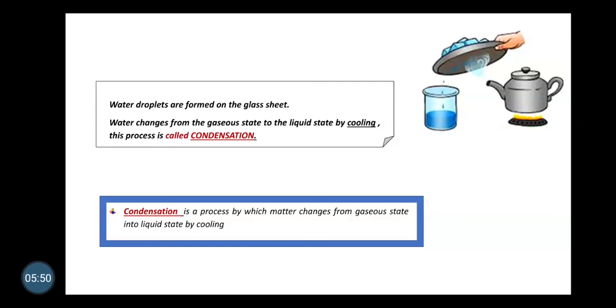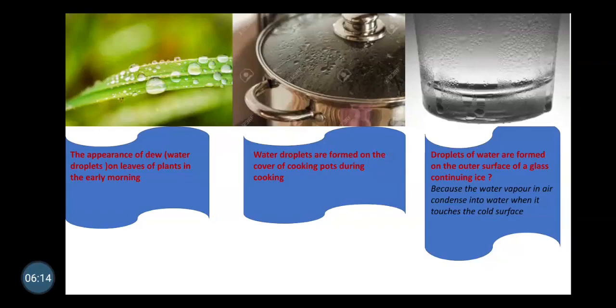The water changes from the gaseous state to the liquid state by cooling, and this process is called condensation. Condensation is the process by which matter changes from the gaseous state, which is water vapor, to the liquid state, which is water drops, by cooling. Excellent.